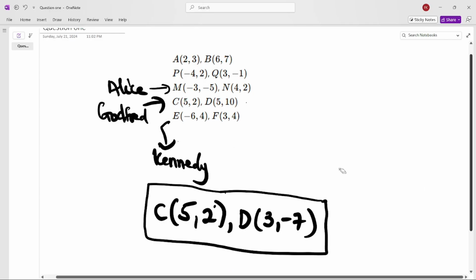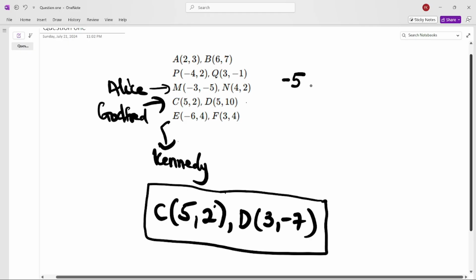Yes, sir. Please look, as you said, y A minus y B is the equation for us to follow. And the y A is negative 5. The y B is 2.